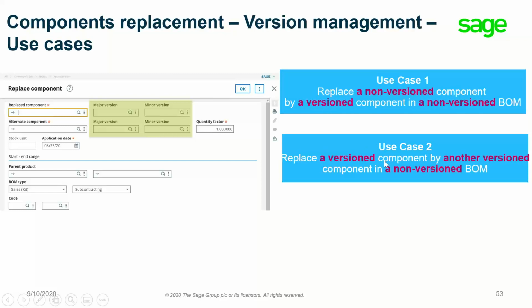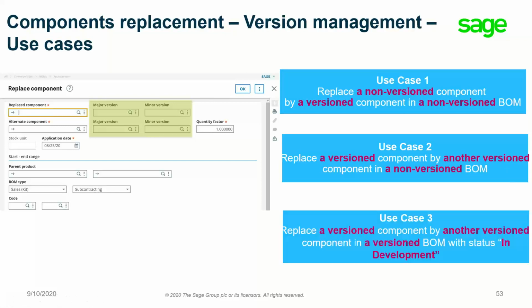The second use case is that users can replace a versioned component by another version component in a non-versioned BOM. And the third use case is to replace a versioned component by another version component. This time it's a versioned BOM, but with the status in development.